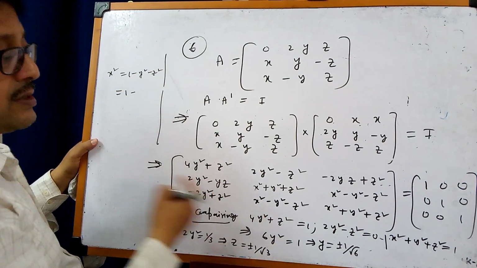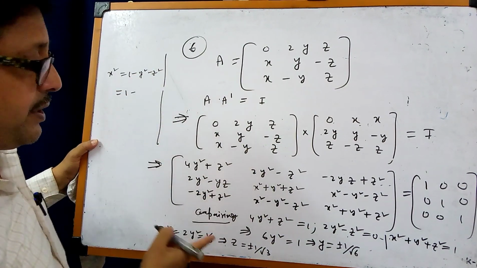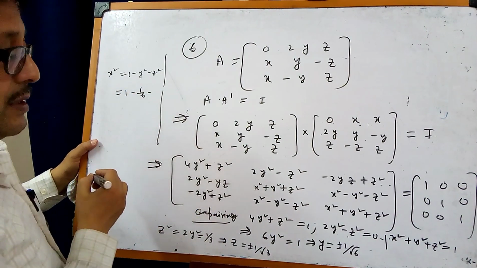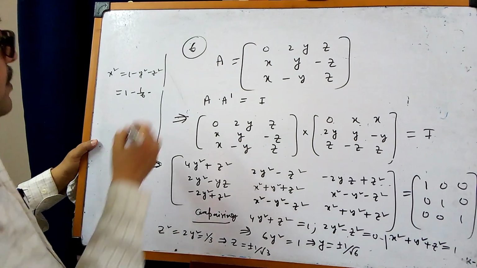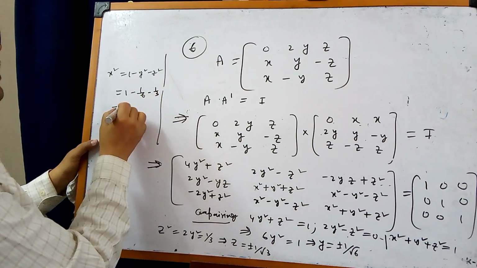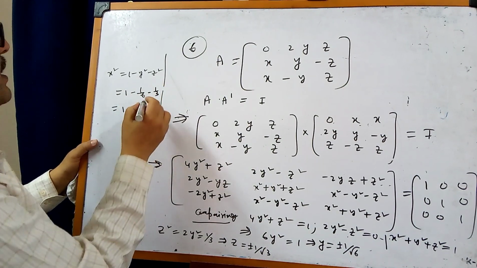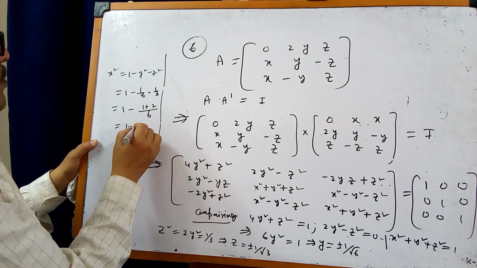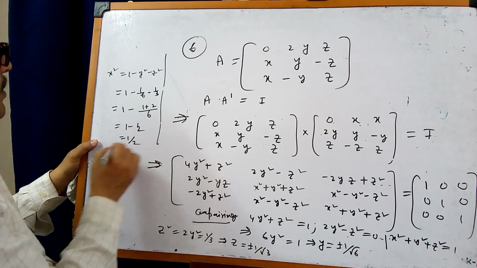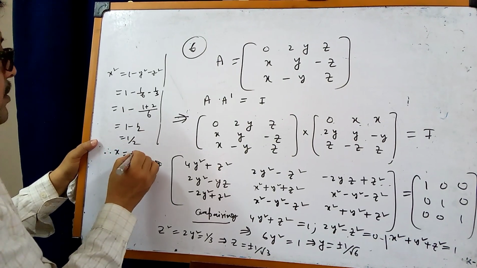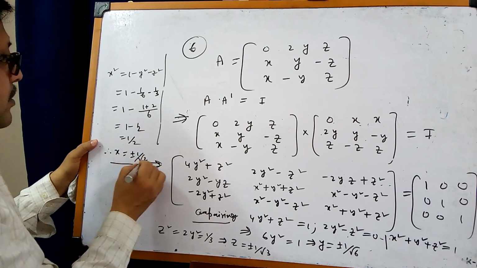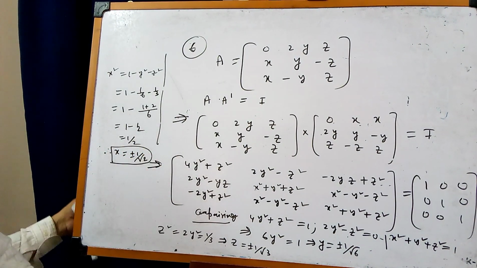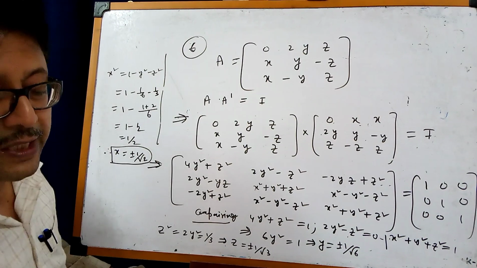Y square will be 1 by 6, z square will be 1 by 3. Taking 6 as LCM, 1 minus (1 plus 2)/6, that is 1 minus half, so x will be plus minus 1 by root 2. This way you can get its value.